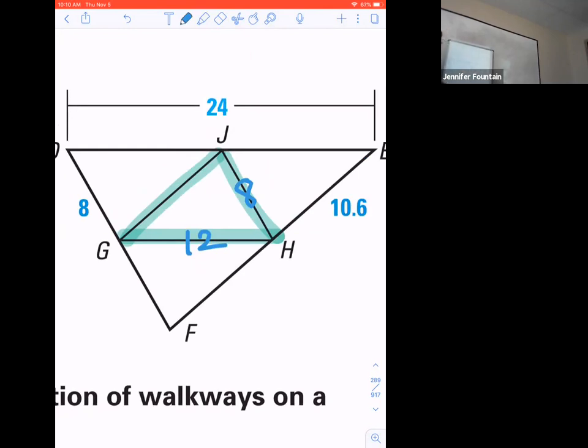Remember, what did we say this measure was? 21.2? Okay. What is half of 21.2? 10.6. So what is the measure of GJ? 10.6. Then we add all those together. So perimeter, you just add them all together. So I use my mid-segment theorem to determine the measure of each mid-segment. Then I just add my mid-segments together to get the perimeter. So 8 plus 12 is 20. 20 plus 10.6 is going to be 30.6.